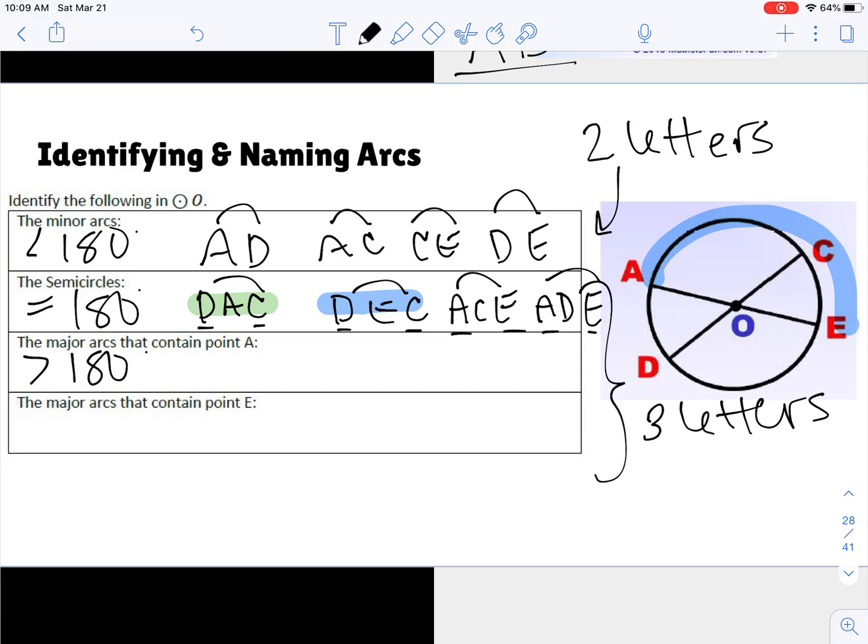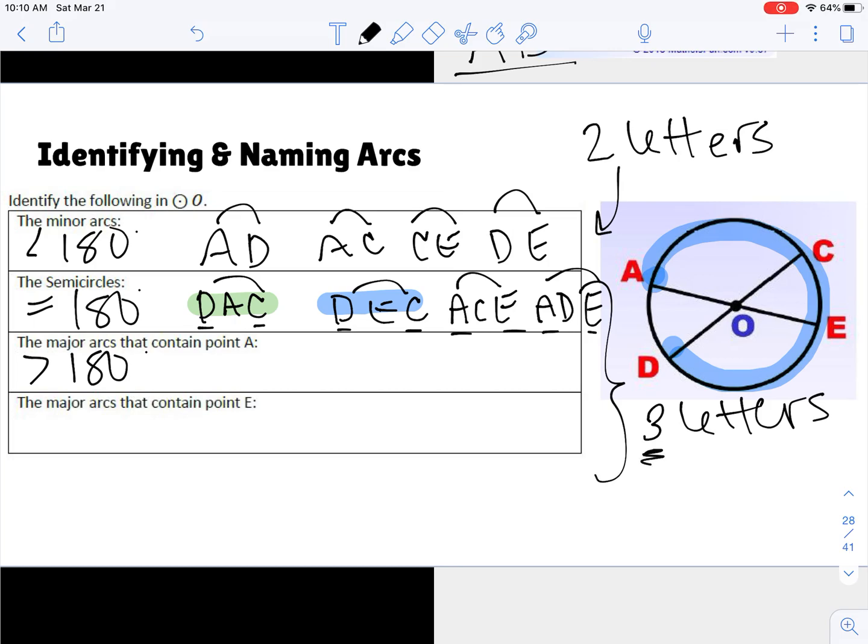So next up is major arcs, which are greater than a semicircle. There's so many major arcs in this problem, okay? If we want it to contain point A, so we know it has to include point A, the major arc that contains point A. It can't just be arc ACE because that is a semicircle. But we could go A through C through E to D. That is for sure an arc that is larger than a semicircle.